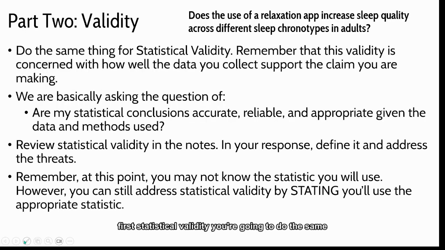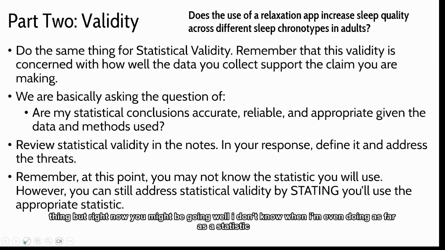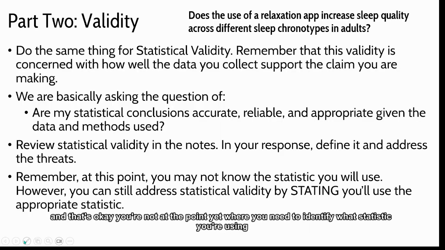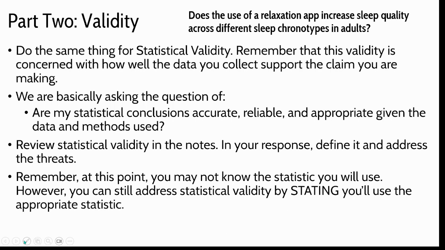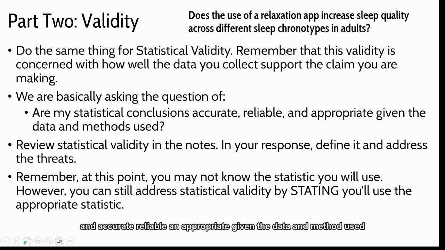For statistical validity, you're going to do the same thing. But right now, you might be going, well, I don't know what I'm even doing as far as a statistic. And that's okay. You're not at the point yet where you need to identify what statistic you're using. Basically, what you need to say in this section is, are my statistical conclusions accurate, reliable, and appropriate given the data and methods used?